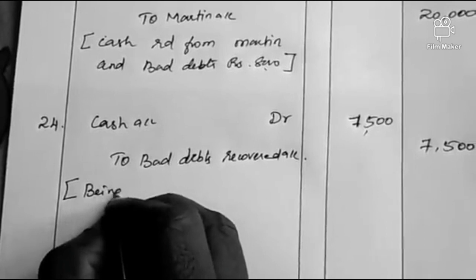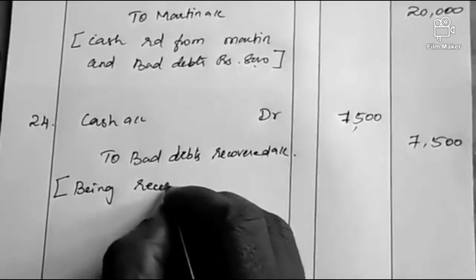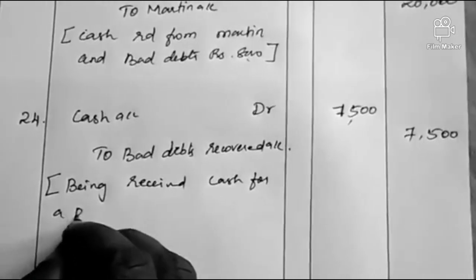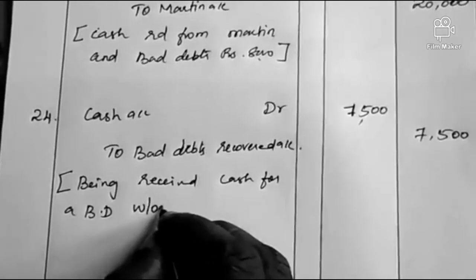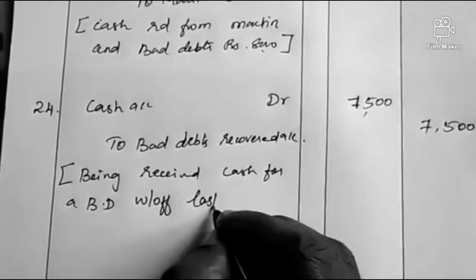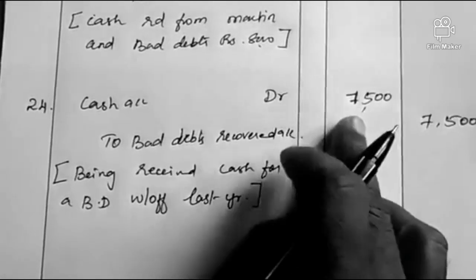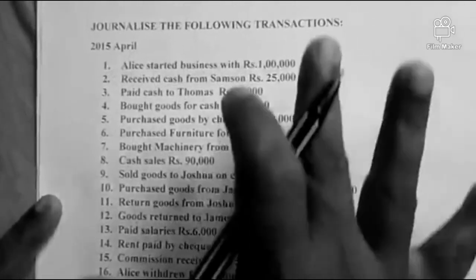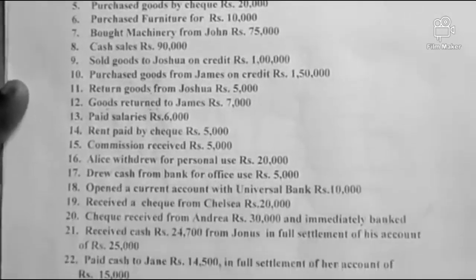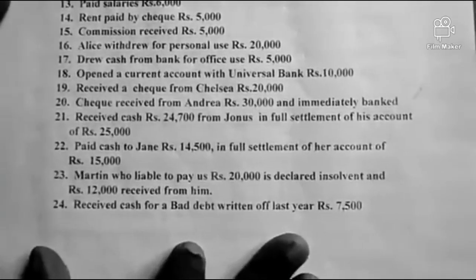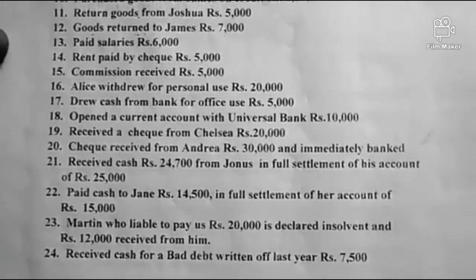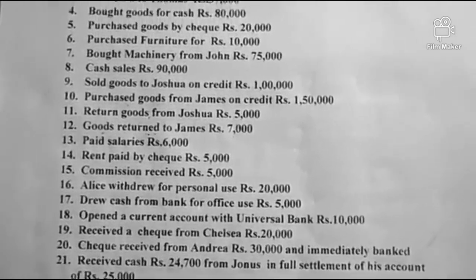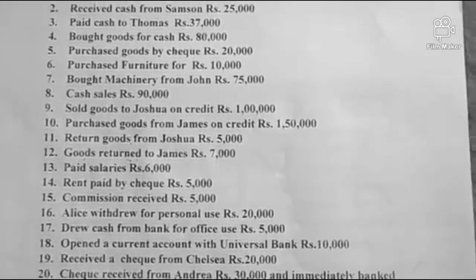Narration: being received cash for a bad debt written off last year, 7,500. In this video I have explained 24 journal entries. In order to make a journal entry, you need to have thorough knowledge of the 3 golden rules, that is real account, nominal account and personal account, and you have to follow the 4 necessary steps.